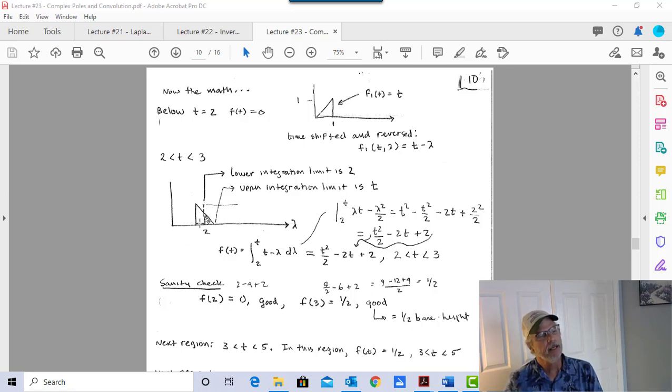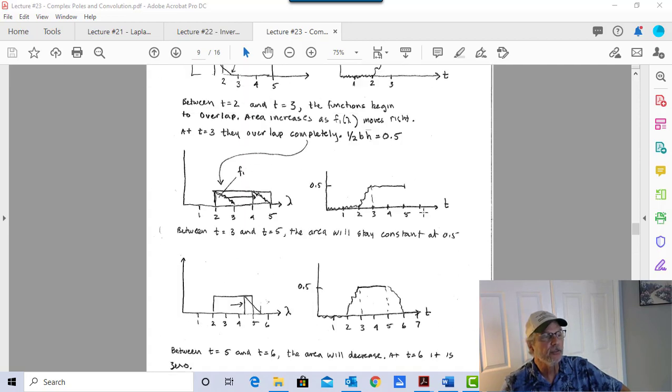Now, why am I going to handle just the section from 2 to 3? Because that is where the nose of my triangle starts to overlap with the rectangle. And it'll start at 2, but once I get to 3, remember that my triangle will be all the way inside the rectangle, and so the function will change because the output's going to get flapped.